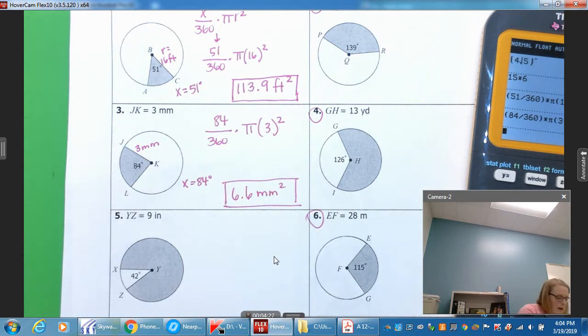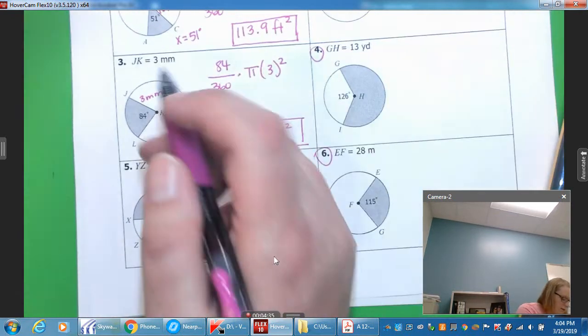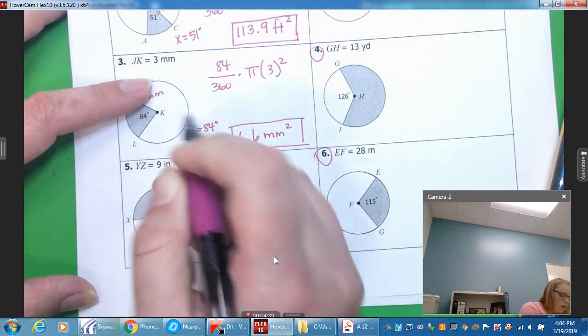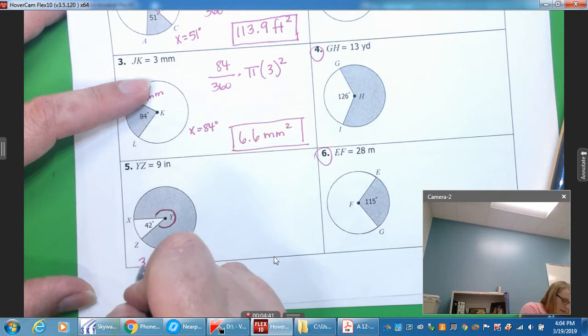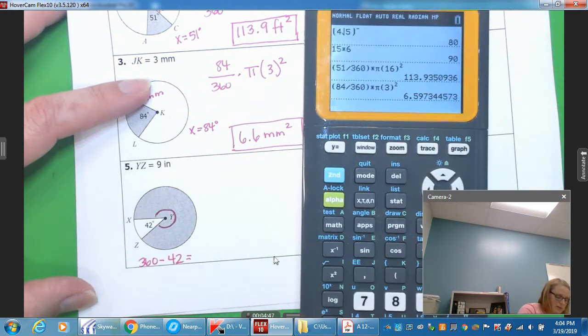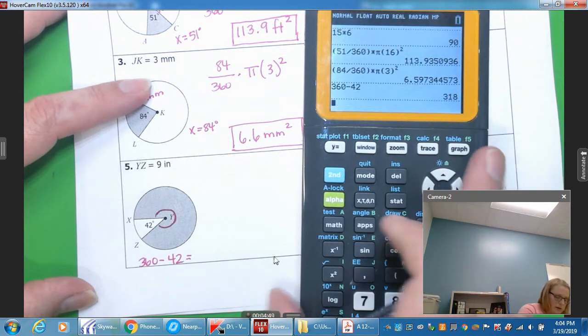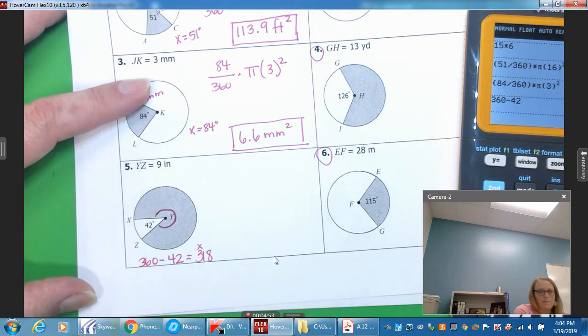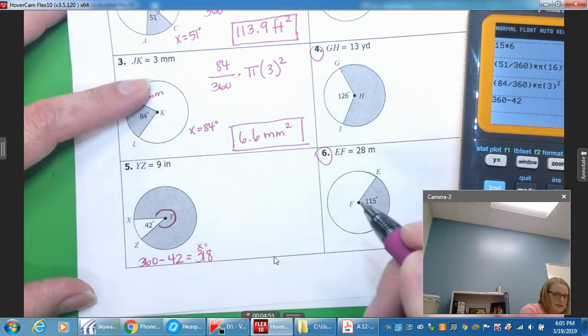All right. Remember, you're finding the area of the shaded sector. Now in this case, it gives me the unshaded portion. So it gives me 42. Now I don't want 42. I want the measurement of all of this, which is going to be that 360 minus 42. So if you do that, 360 minus 42, I get 318, and that is my x, okay? X equals 318.